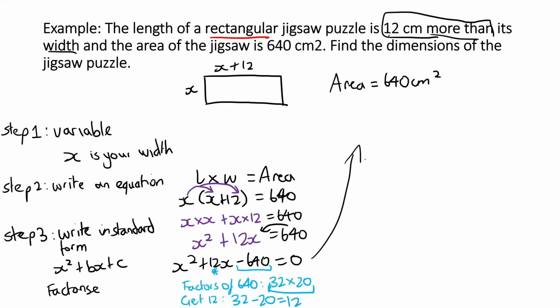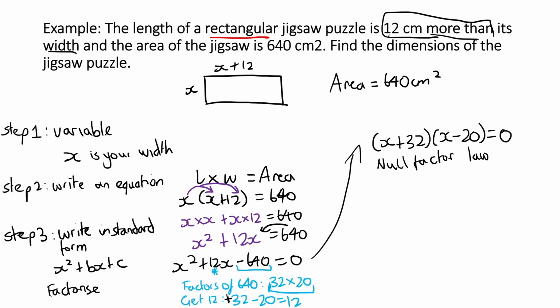Alright, then you write your factorized form. So x in front of the 32 is a plus, so x plus 32, and then x minus 20, which will equal 0. Null factor law to solve.